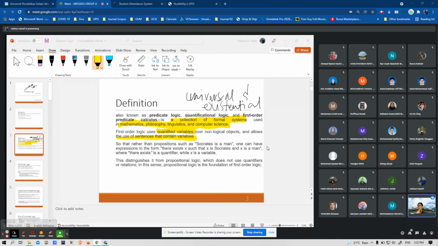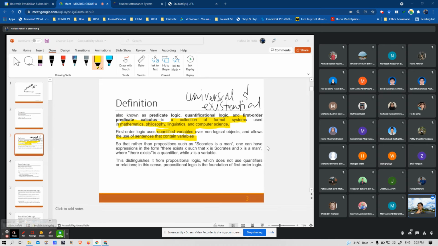Okay, for logic, rather than a proposition such as Socrates is a man, one can have an expression in the form: there exists X such that X is Socrates and X is a man. This one is quantification in logic, where there exists is a quantifier, and X is a variable.